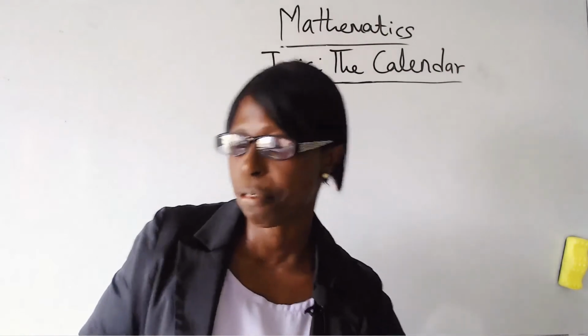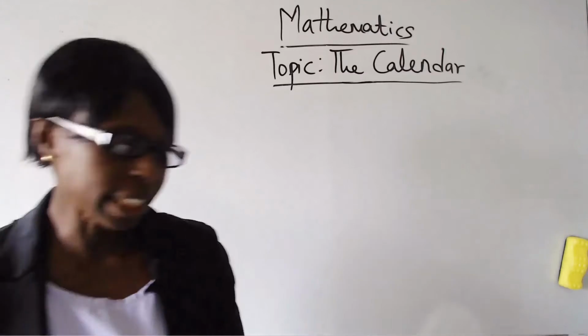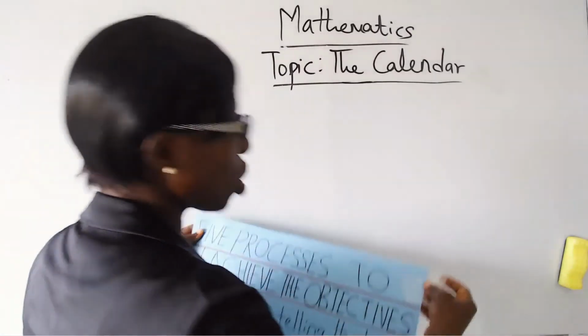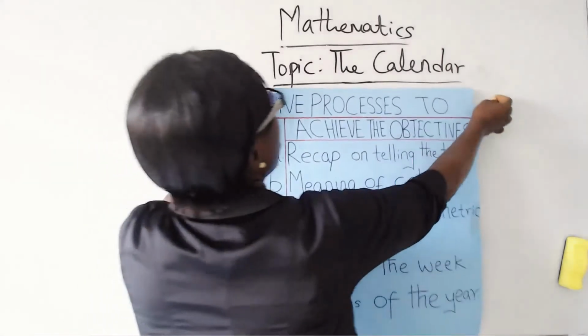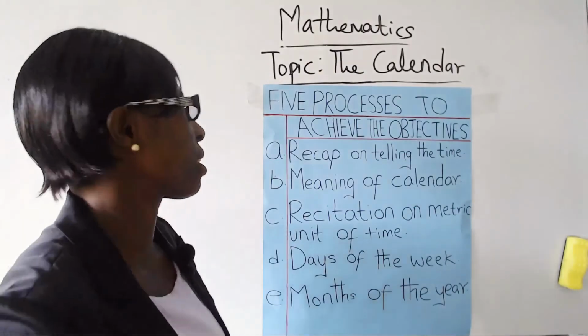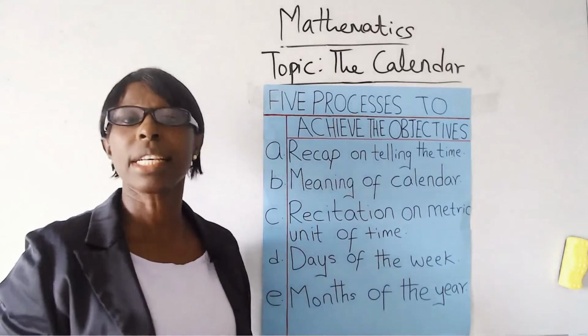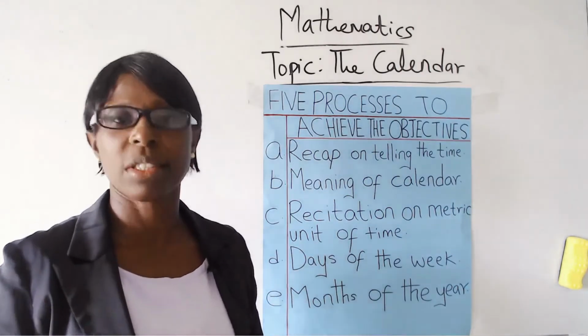To achieve the stated objectives, we must go through 5 processes. These 5 processes will help us to achieve our objectives for today.